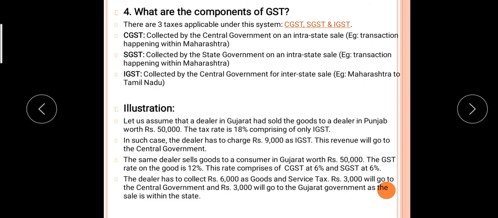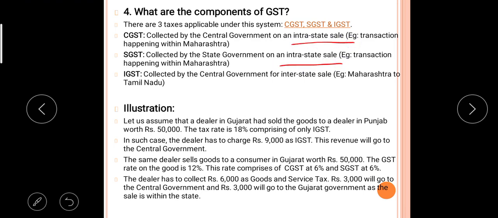Then for example 5% GST is on any product, so 2.5% goes to the CGST and 2.5% goes to the SGST. CGST means central government, SGST means state government. And when will it happen? When it is an intra-state sale.